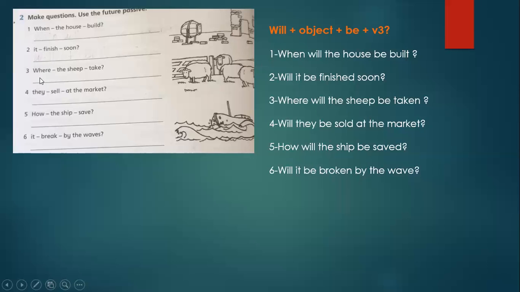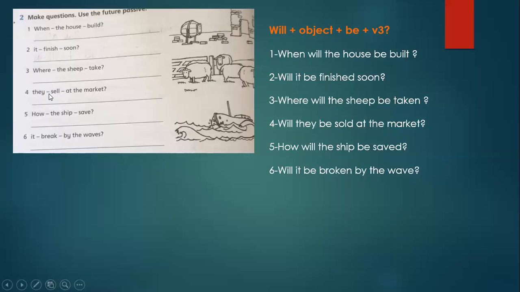Here, where, the object: where will the sheep be taken? The verb 3 of take is taken. Here, they sell at the market. We put will, the object they, be sold.